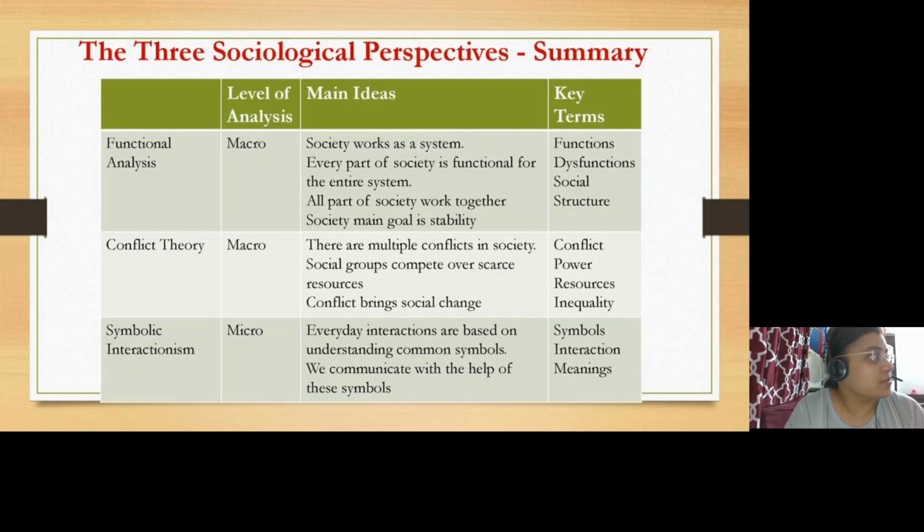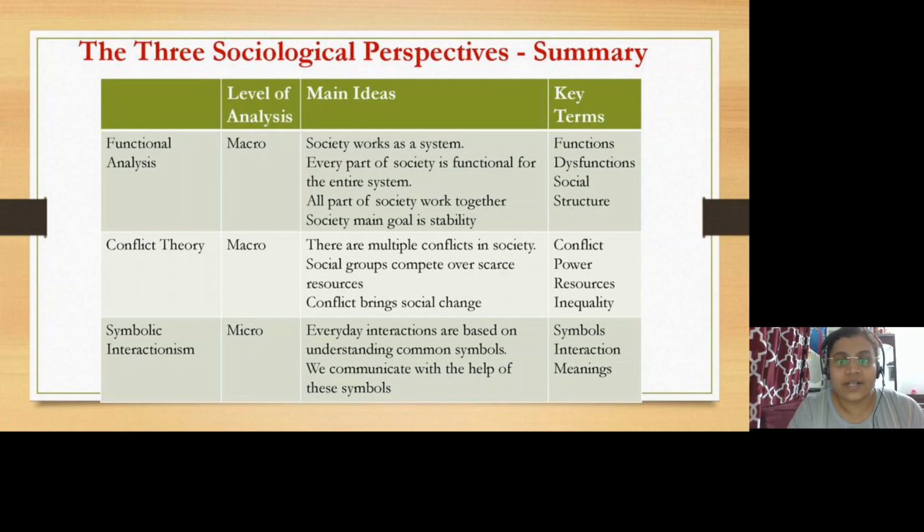In macro sociology come those theories or thinkers who talk about, first of all, sociology as the study of society. When you talk about a society, there are two kinds of perceptions. One is macro, another is micro. Some of the sociologists come under macro, and some come under micro. Those who talk about society as a whole structure believe that society works as a system.